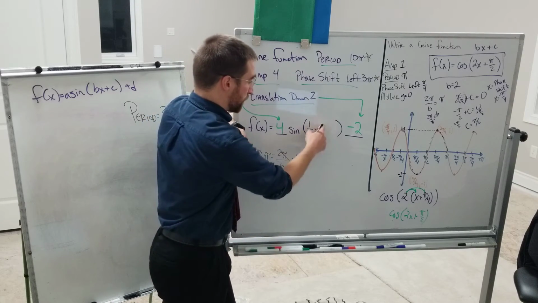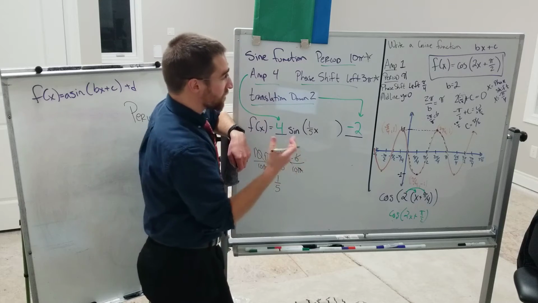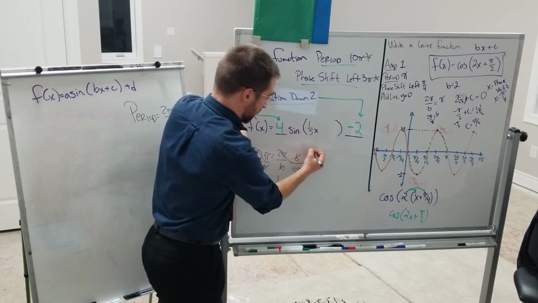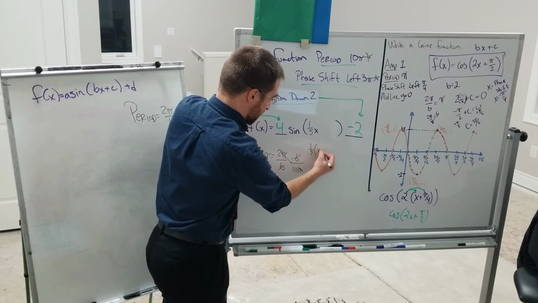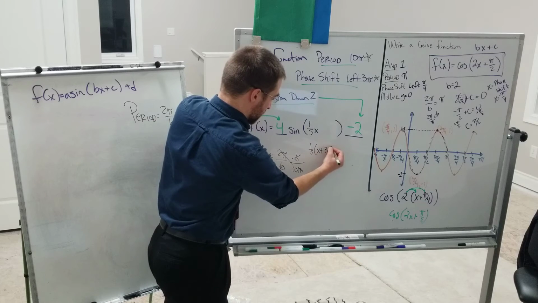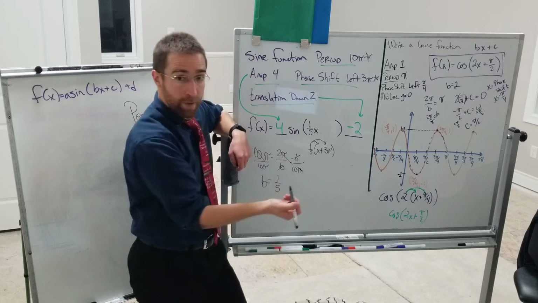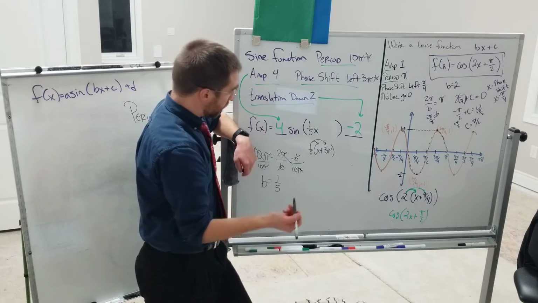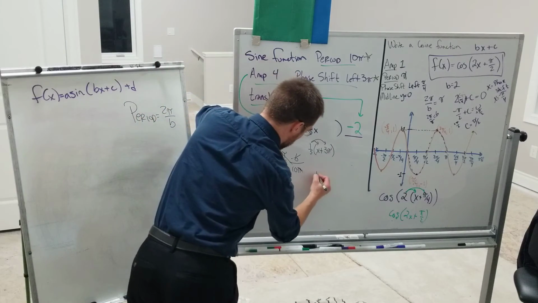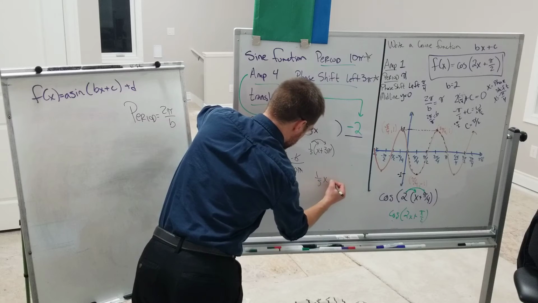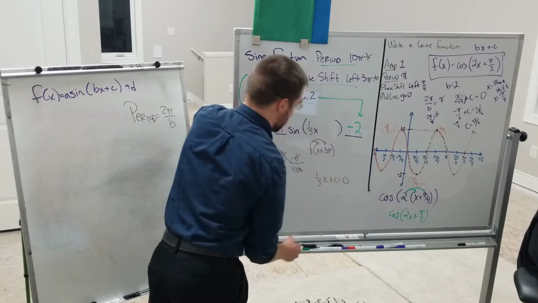Now I have to find my plus c. And it's not just going to be a plus 3 pi. We could do this and then distribute the 1/5 and get plus 3 pi over 5. That would work. Or what we can do is say we have 1/5 x plus c equals 0.